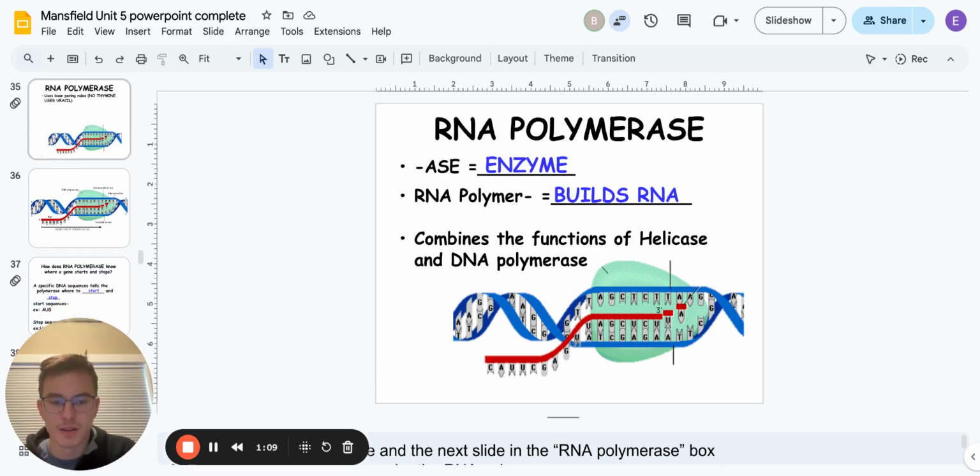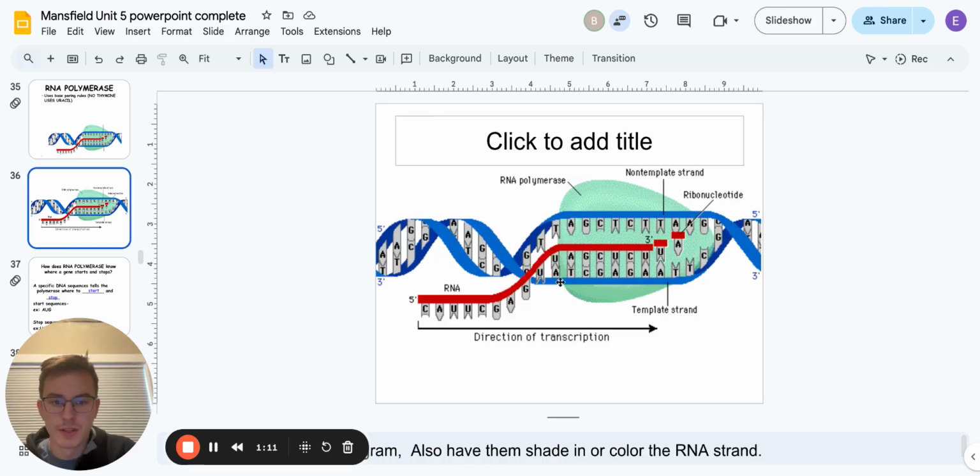What it does is it will take this DNA and split it, just like the helicase does in DNA replication. Then we come in right at the start and begin filling in the complementary bases, and that's what you see in red.